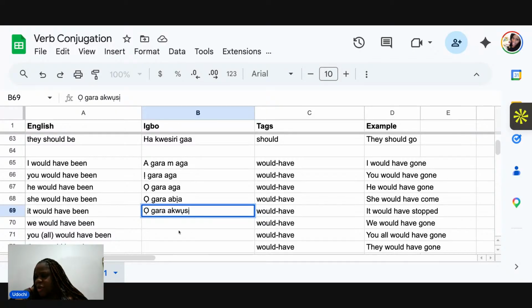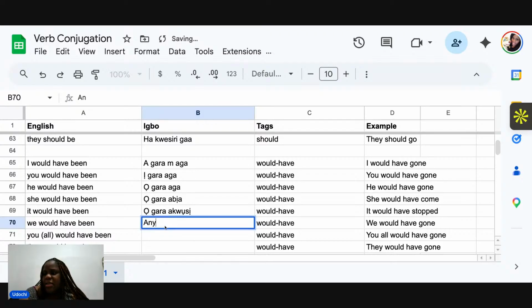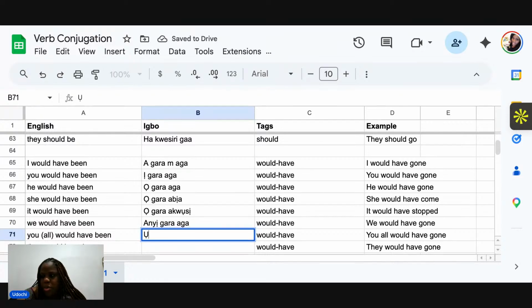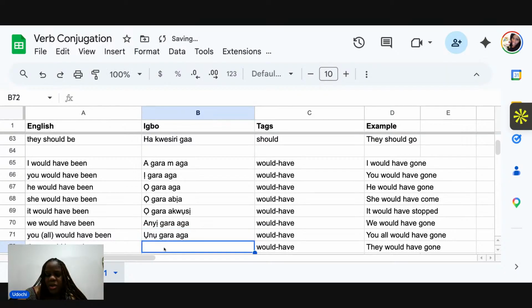We would have gone is anyị gara aga. You all would have gone, unu gara aga. They would have gone is ha gara aga. Okay.